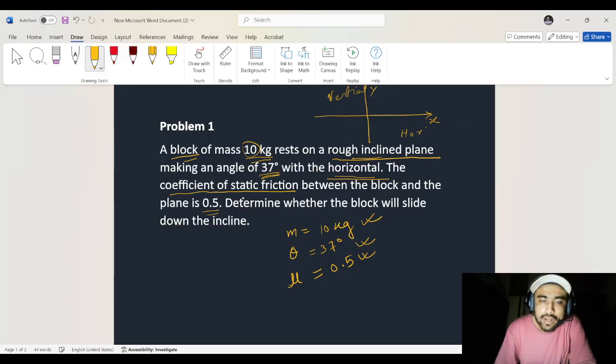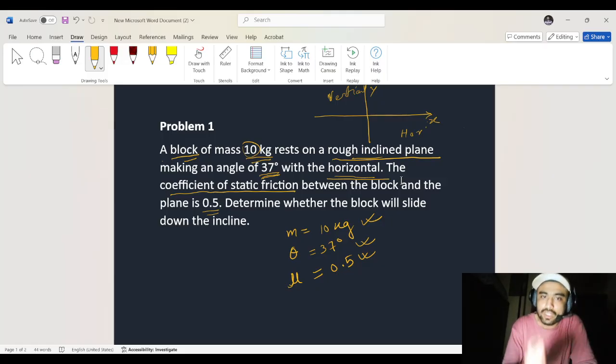I've noted it down. Now it is telling us to determine whether the block will slide down the incline, meaning the inclined surface. After noting down everything, this is the hard and fast rule of solving a classical mechanics problem, as I have told you in the previous video also.